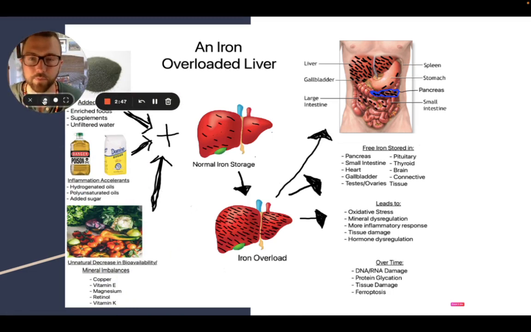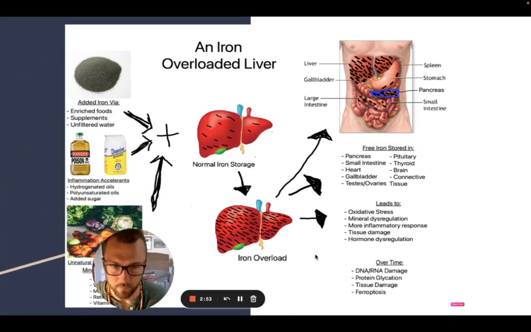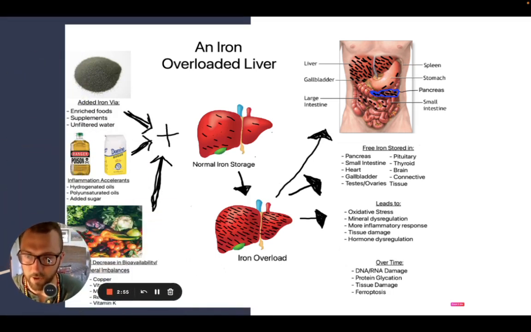And this is what it looks like. If you look at the top left, these are all of the pro-inflammatory conditions along that left side margin, all of the pro-inflammatory things going on in our day-to-day lives, all right?